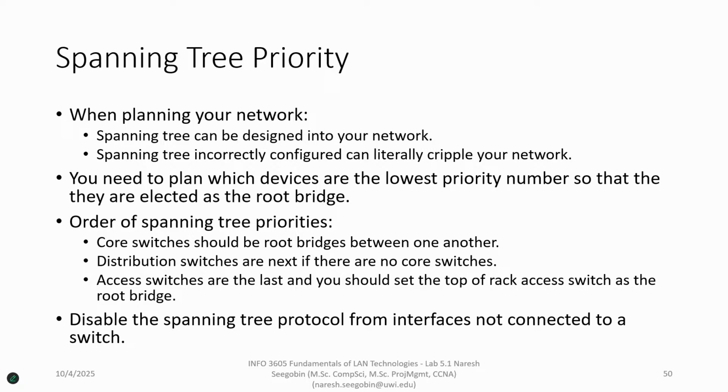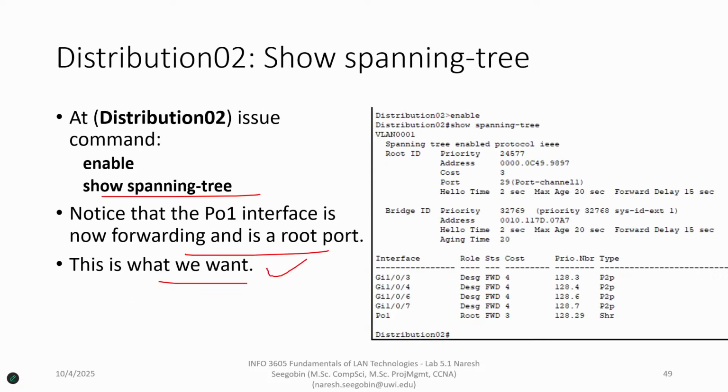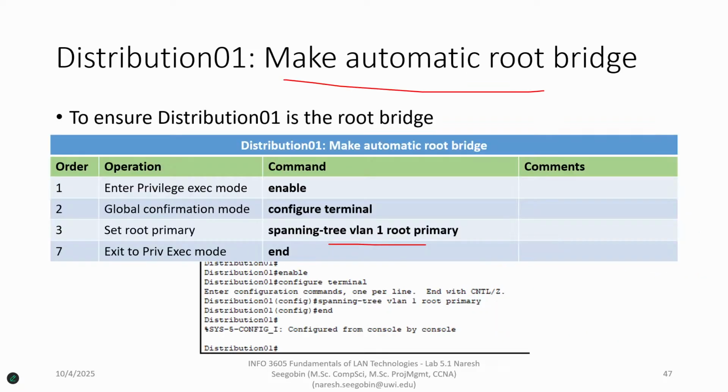Right. Before I continue, so almost done here. Before we continue, I want to show you something. Now we use this command here. Think about this: technically we can use this command on the edge switch, rerun it, and see what happens.